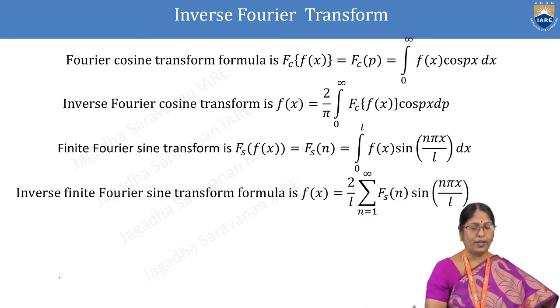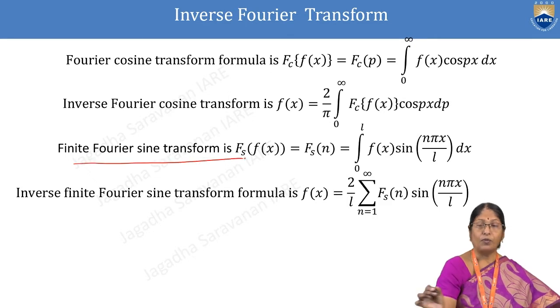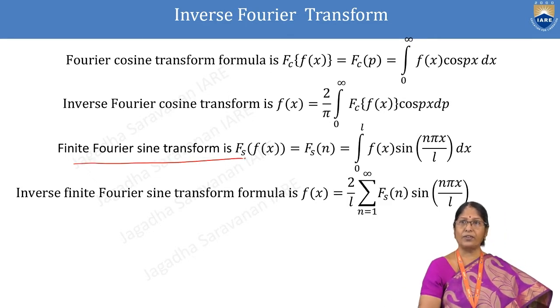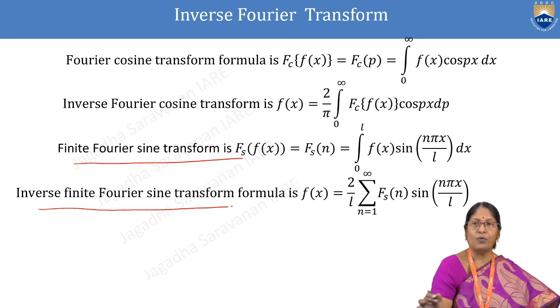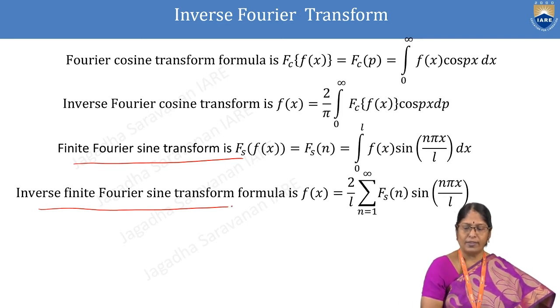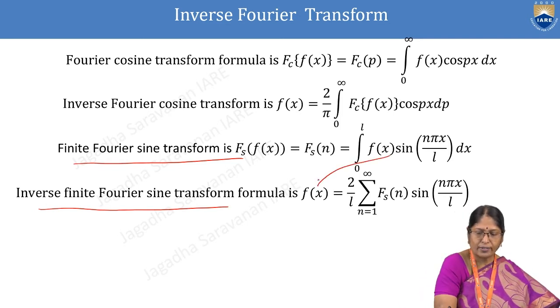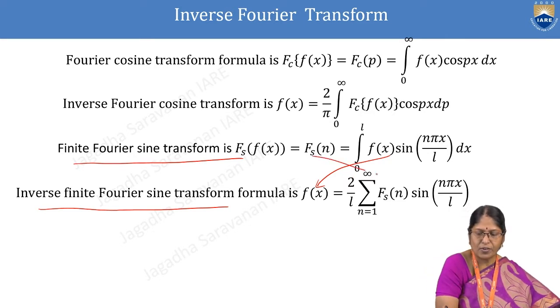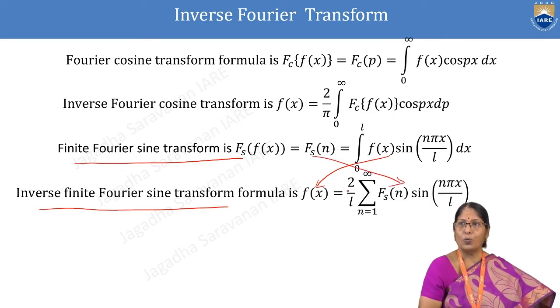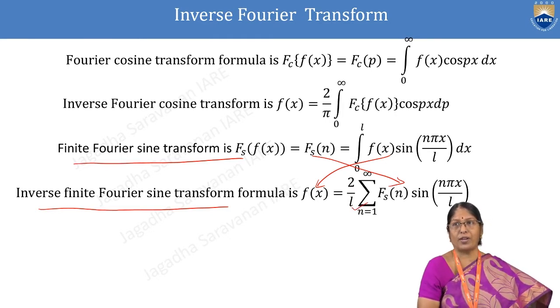The finite Fourier sine transform is completed, from which we can get the inverse finite Fourier sine transform. That is, f of x will come out, and the Fourier sine transform will go inside. But here, the notation is a summation; there is no integral.